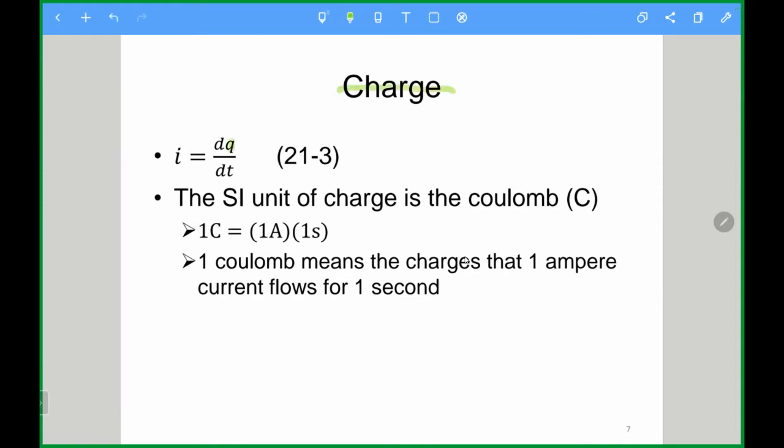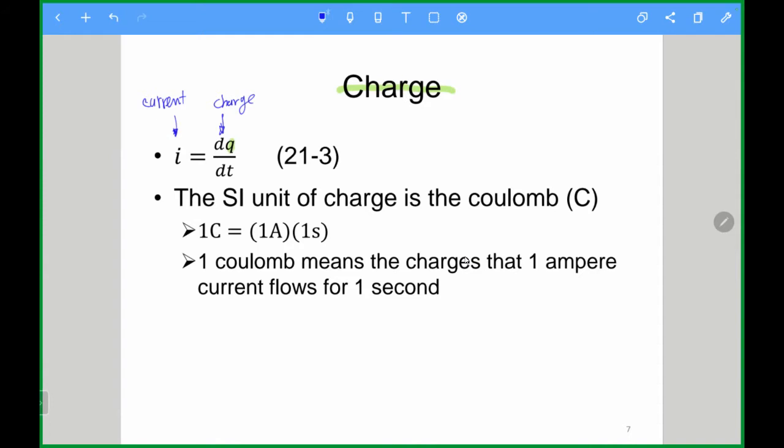Here Q is the charge, and the derivative of the charge with respect to time equals the current, I. At this moment you don't really know what a current is yet, but this is the definition so far. So you take the derivative of the charge with respect to time, then it will be the current.